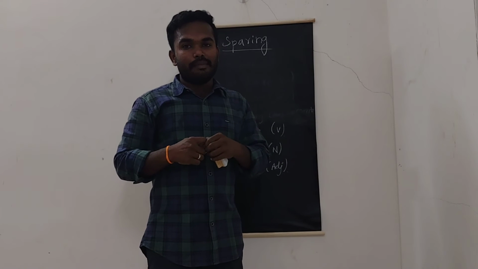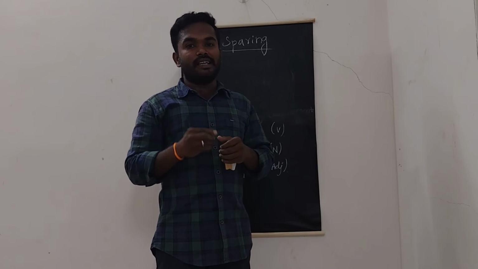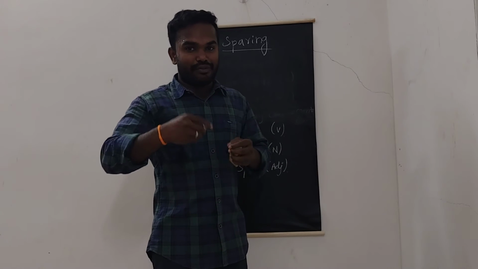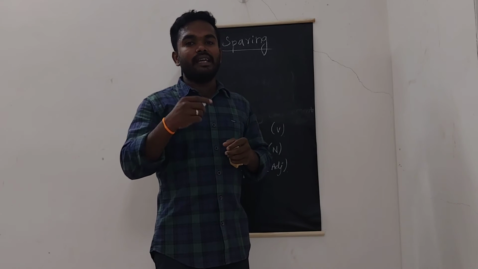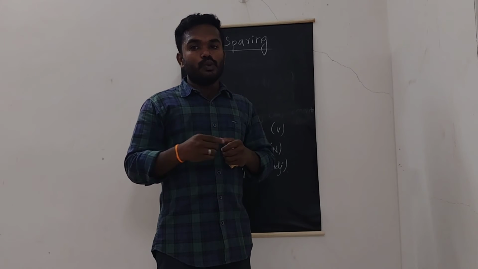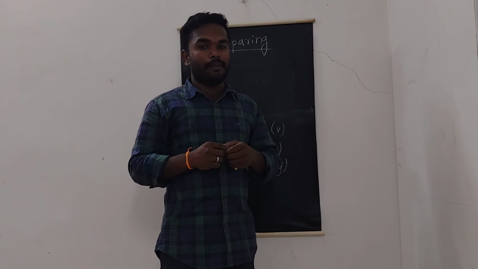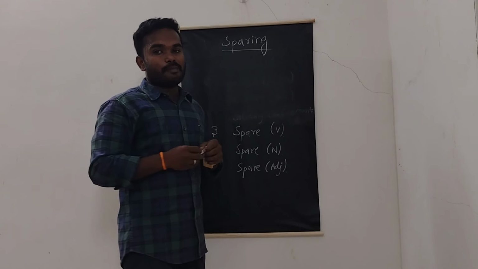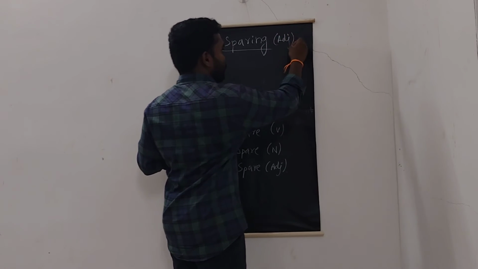The example sentences are, be sparing with the butter, as there is not much left. The second example sentence is, they are a sparing couple who are trying to save up enough for the house that they are willing to buy. So that is what it means, sparing, and it is used as an adjective.